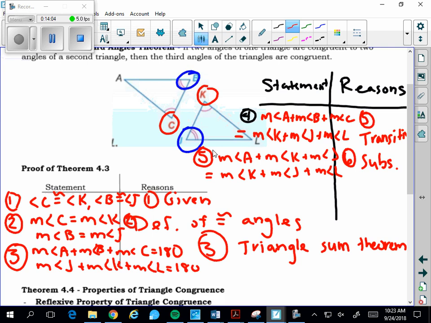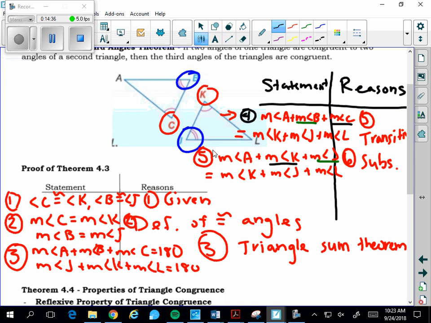I just took what I had in number 4. If you think back to the first line, we said all of these angles were equal. So instead of angle B, I'm going to say the measure of angle J, right here. I substituted that in for my B. And I did the same thing with C and K.